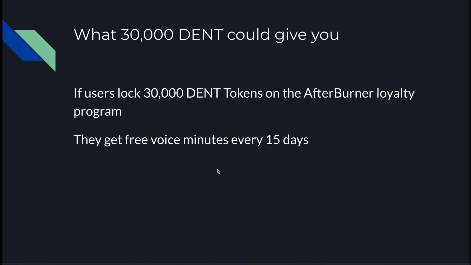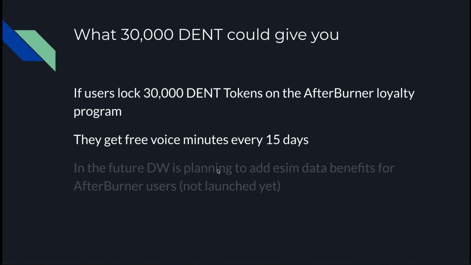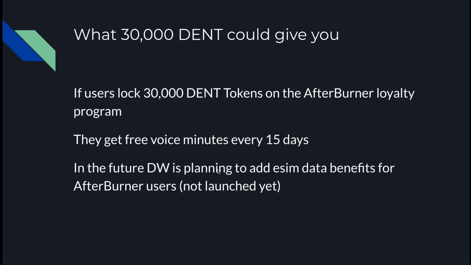And those voice minutes allow you to make international calls in 141 countries. That's the reason I chose 30,000 DENT tokens. In the future, DENT Wireless is planning to add eSIM data benefits as well for the Afterburner users, which is not launched yet.